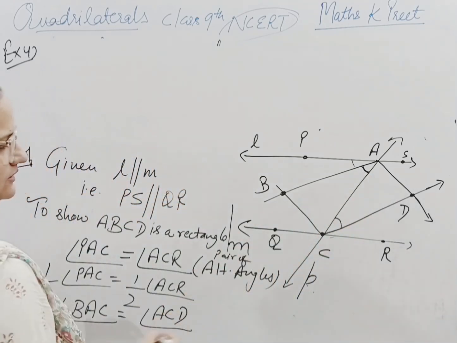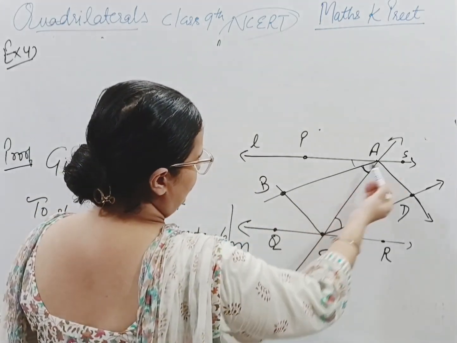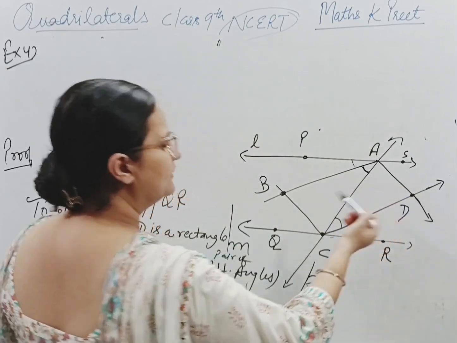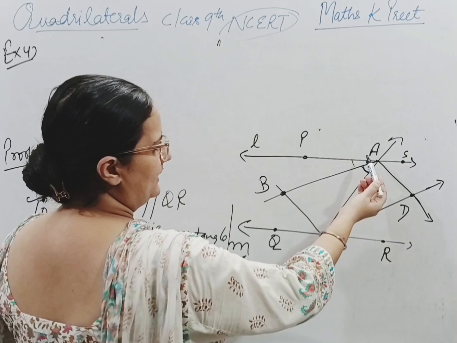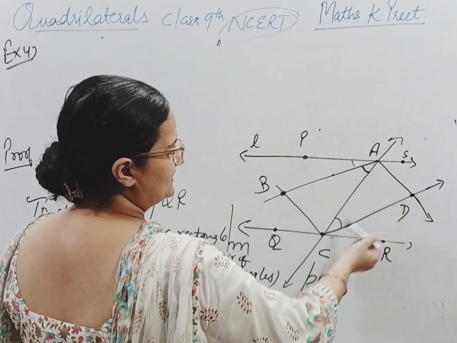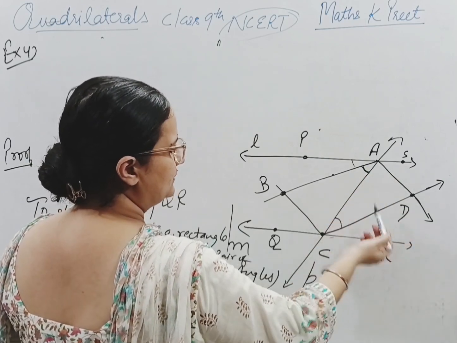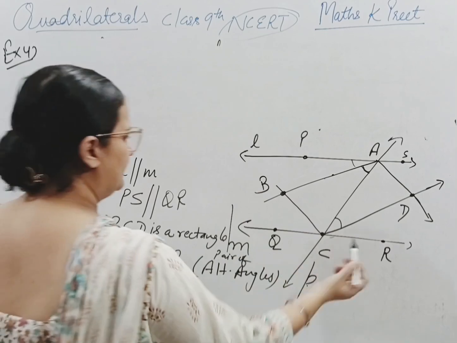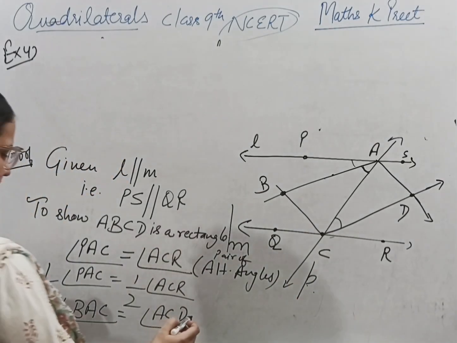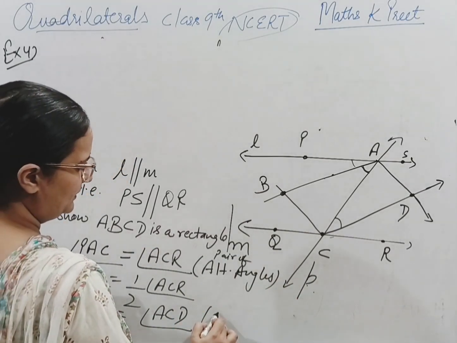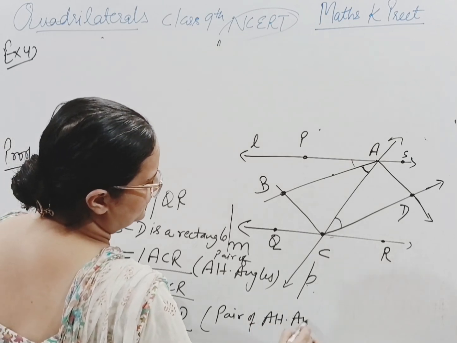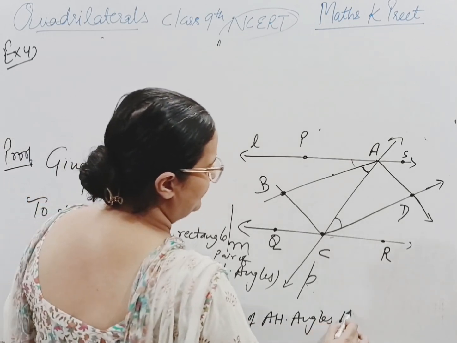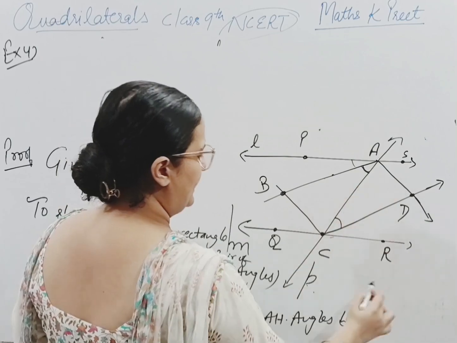When these two angles are equal, the lines AB and CD will be parallel. Why? Because AC is acting as a transversal and the pair of these two angles are alternate angles between these two lines. Then these two lines will be parallel. Here we can write the same reason, pair of alternate angles between AB and CD.